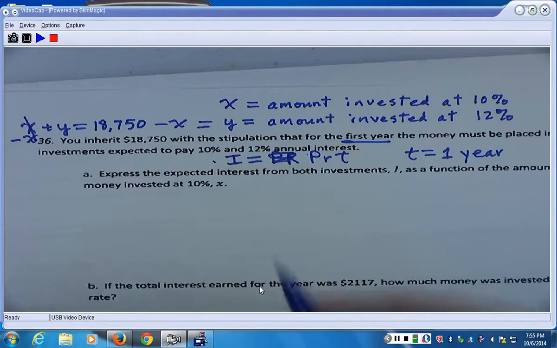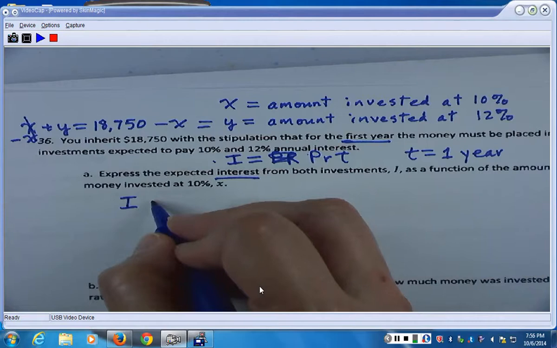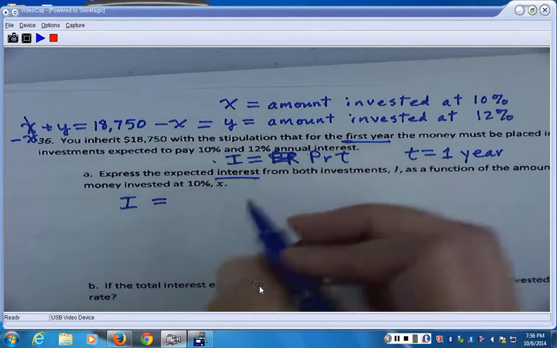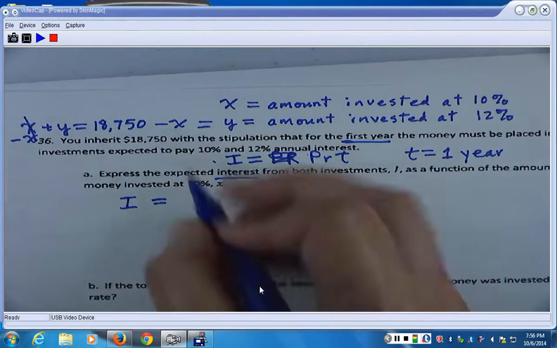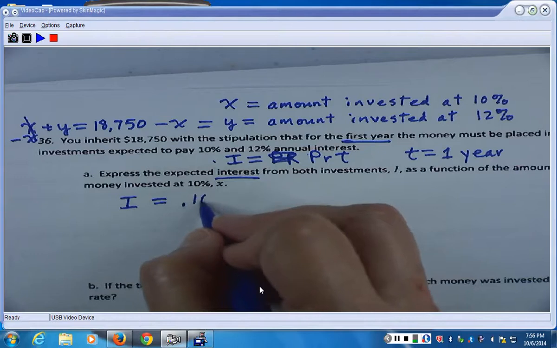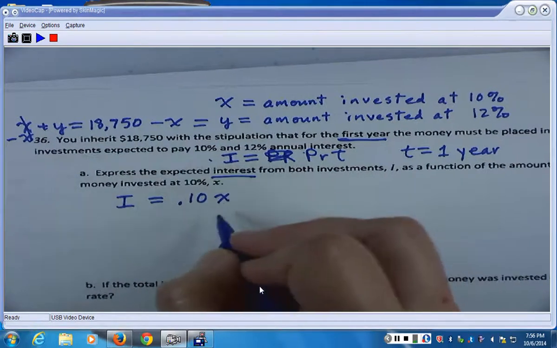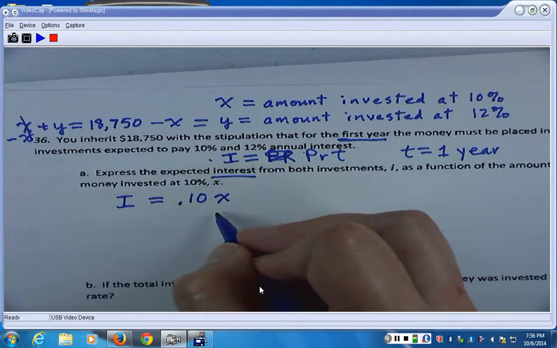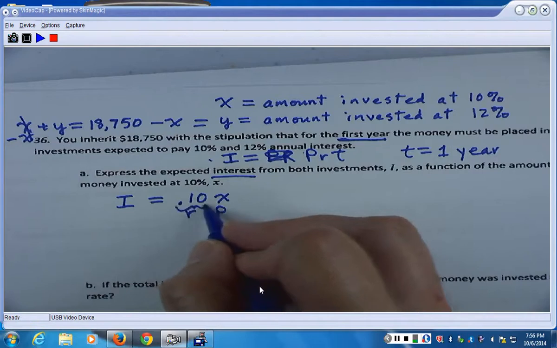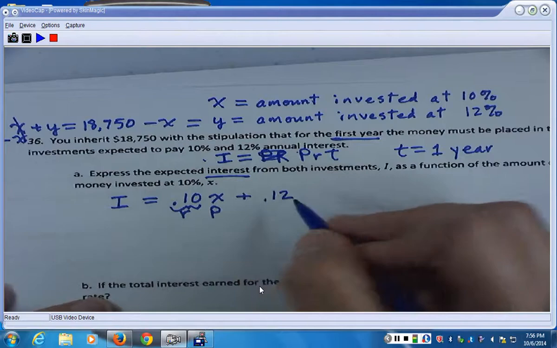Okay, they just want the interest. So interest for your first investment at 10% is going to be your principal, which is x, times your rate, which is 10%, so 0.10 times x. Here, your capital P is your x, and there's your rate. Plus, I'm just going to put the rate first, 0.12.